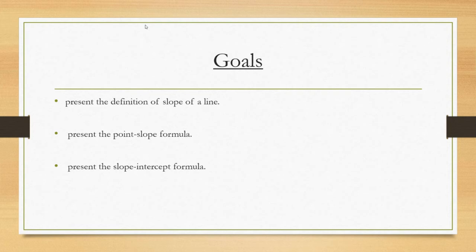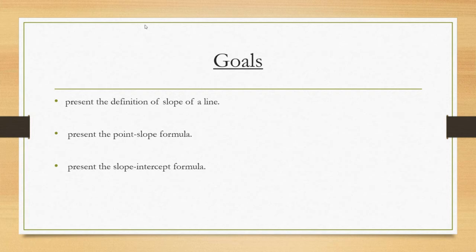We're also going to see different ways of writing the equation of a line. Lines are graphs of equations, and that equation can be written in different ways. Let me say that again.